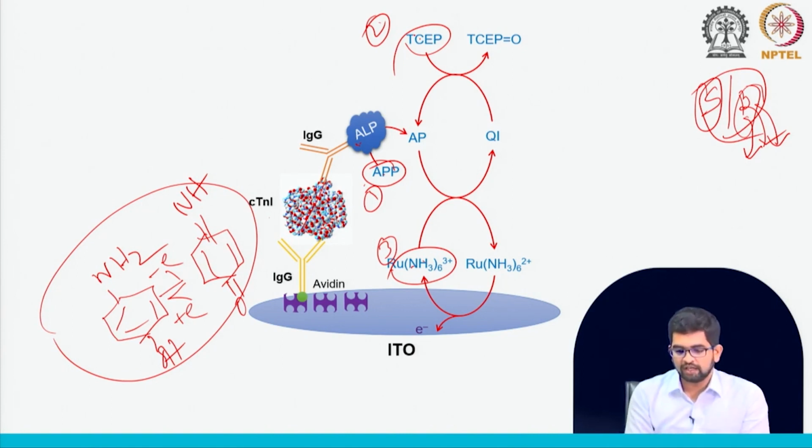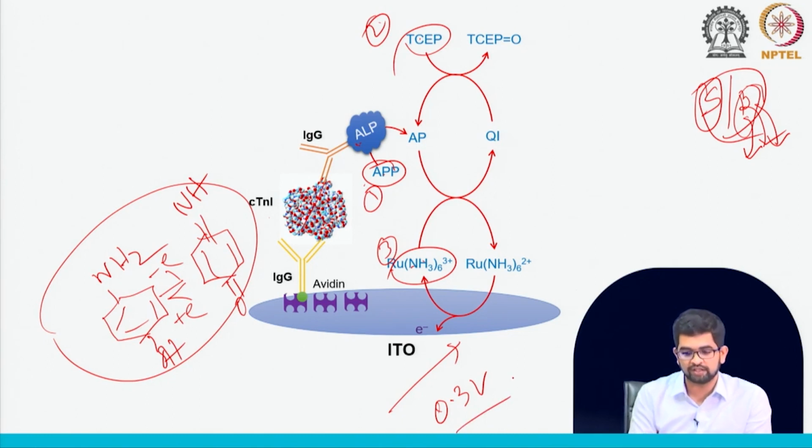One thing: these three together, or you can think of them separately also, even ruthenium hexamine 3 plus is present at the start, because at the end of the reaction scheme I will show you that we are applying some potential, suppose 0.3 volt, from the outside. So, when you apply some potential, at that potential these starting reagents also can be oxidized on the surface.